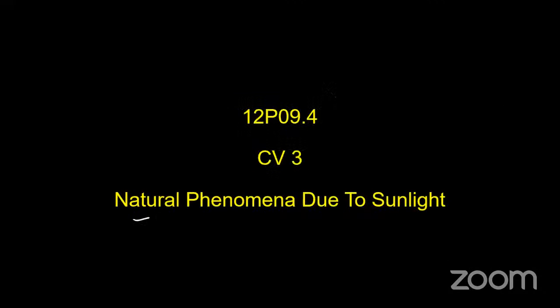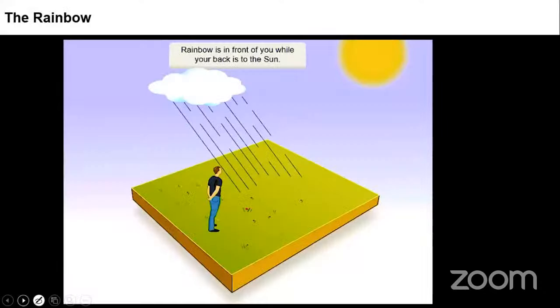Now let us see some natural phenomena due to sunlight. Students, we are not going into the depths of this; quickly, we'll see the optical instruments after this. See what is happening here. Most of the time you have observed this: a rainbow appears just after the rain, just when the rain is going to end, and your back is to the sun.